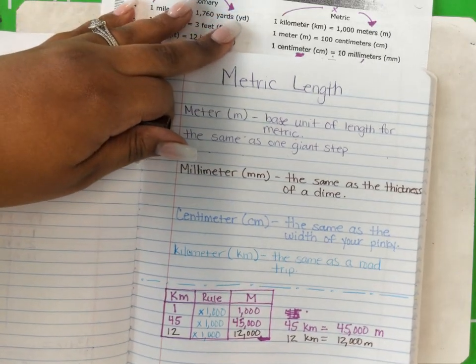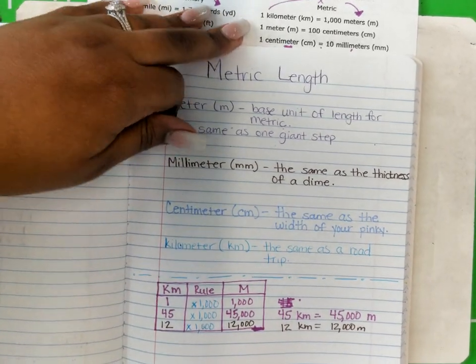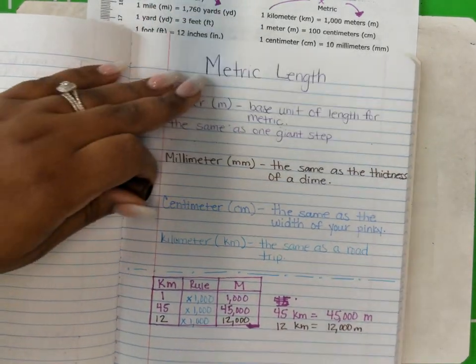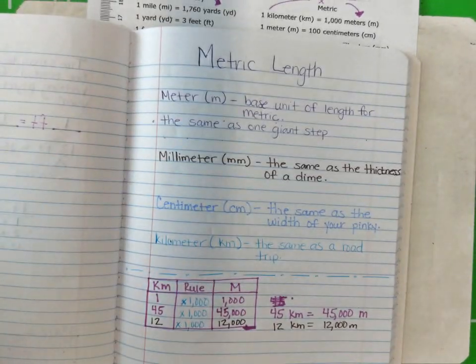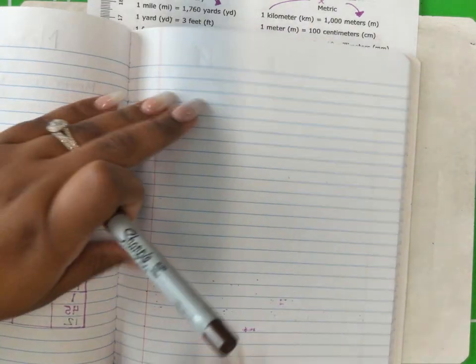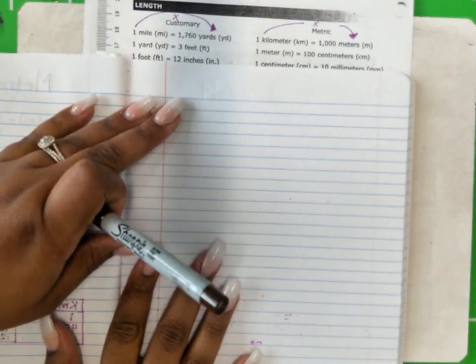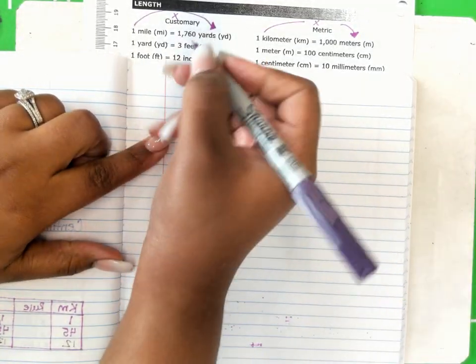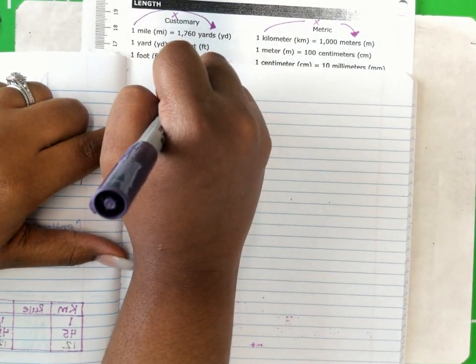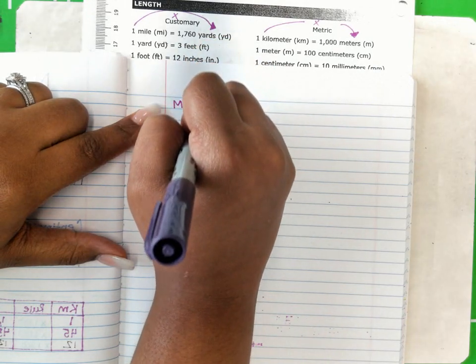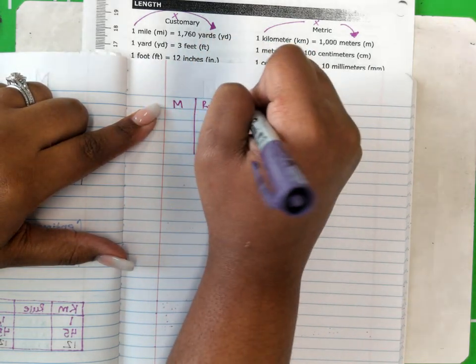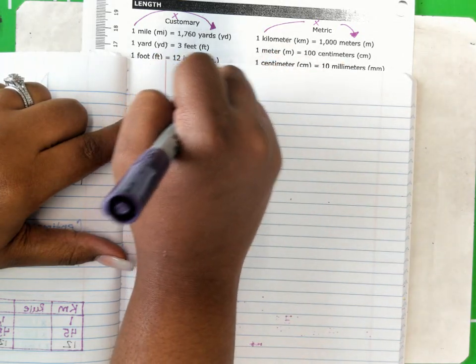Now the next one would be meters to centimeters. I'm going to flip the page. So for meters to centimeters, here's meters, here's my rule, and centimeters.